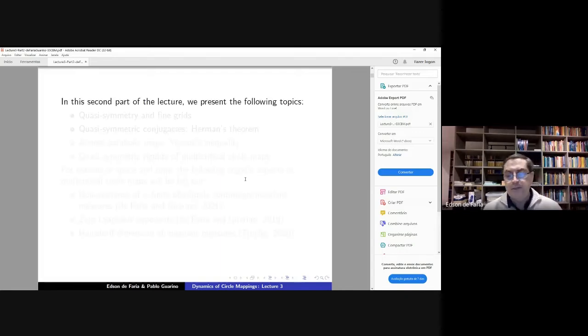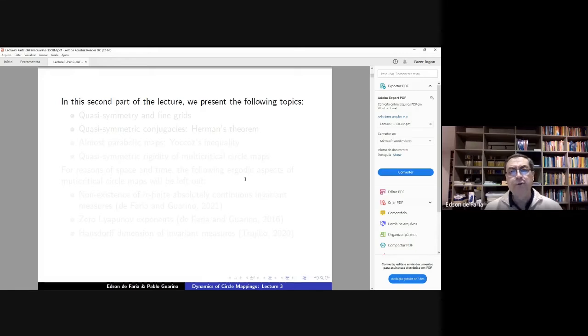So here we would like to examine the conjugacy, see what kinds of geometric properties a conjugacy can have. And in particular, we are aiming at establishing the smooth rigidity of such maps.